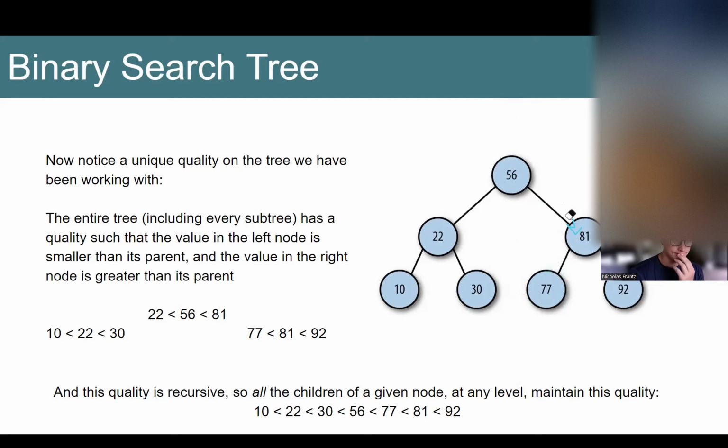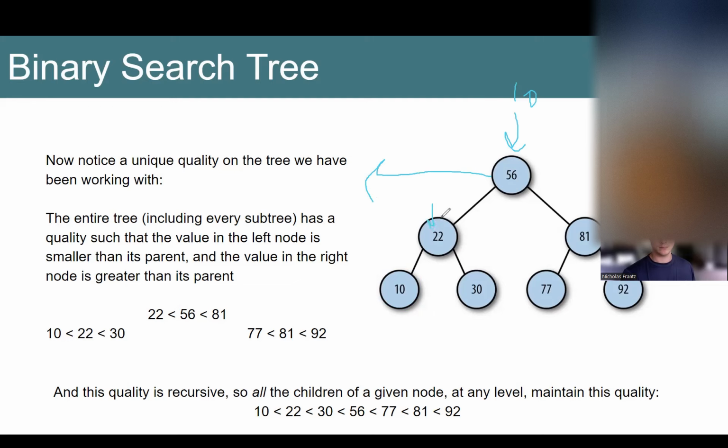We can try this again for another number. Let's say that we want to do it for 10. When we put in 10, we compare 10 to our root node. Is 10 bigger than or smaller than 56? 10 is smaller than 56, so we take the left subtree.